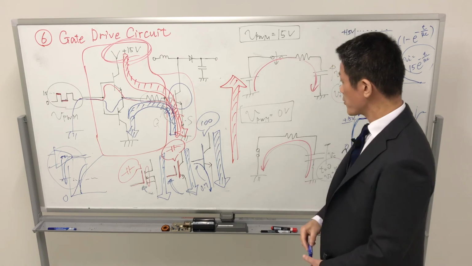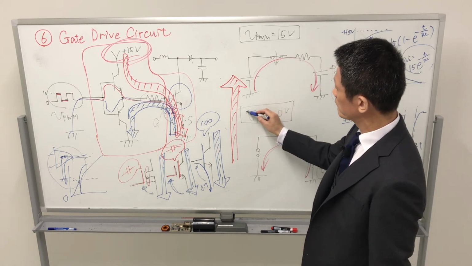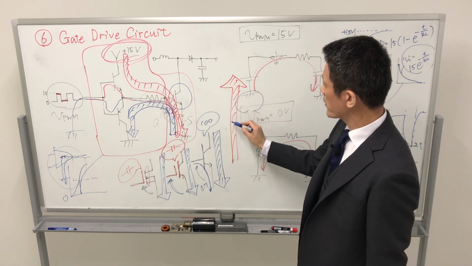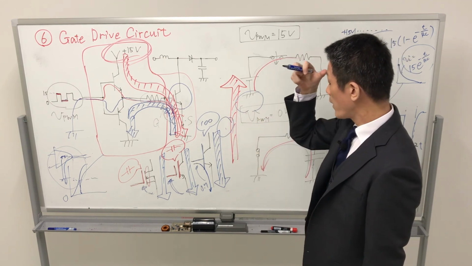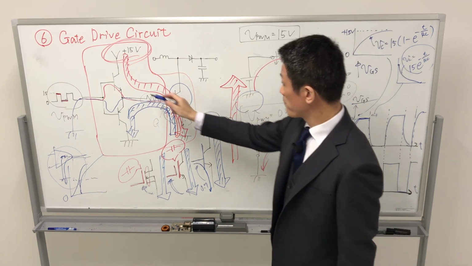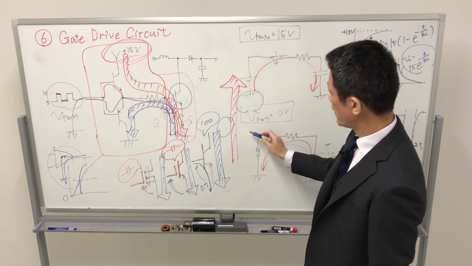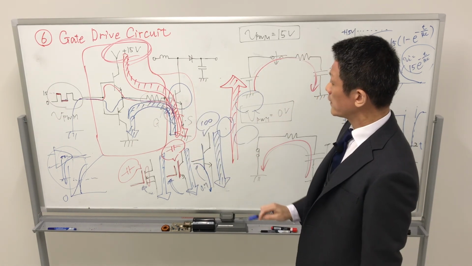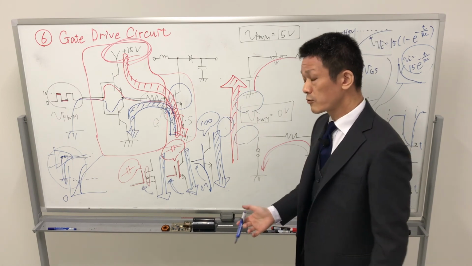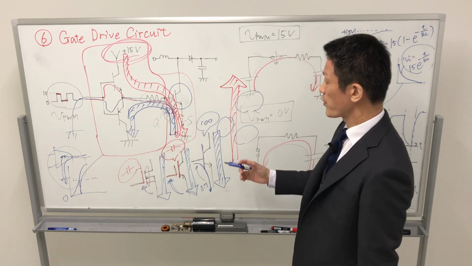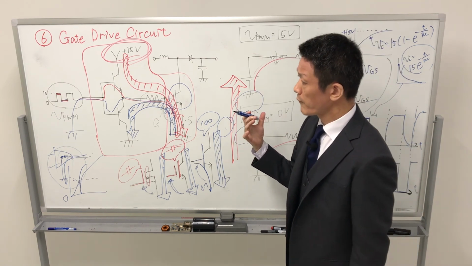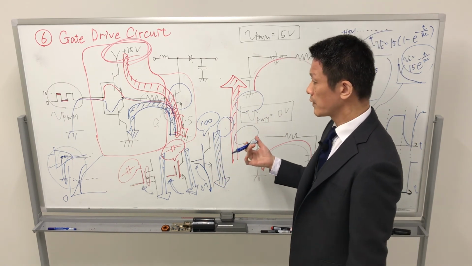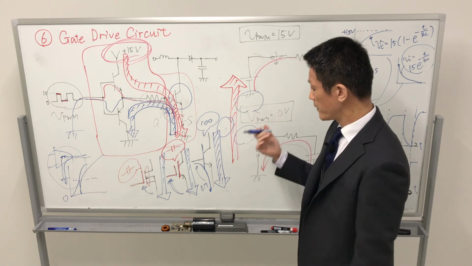Other additional know-how and variations, why isolation is required, why the NPN, PNP side, and other gate drive types. Isolation types are the photocoupler, transformer, and capacitor.